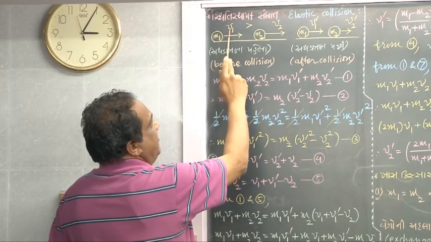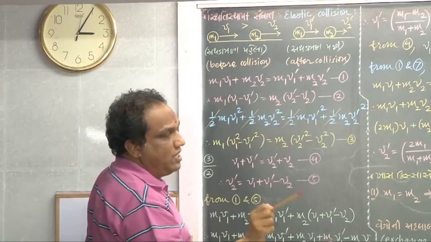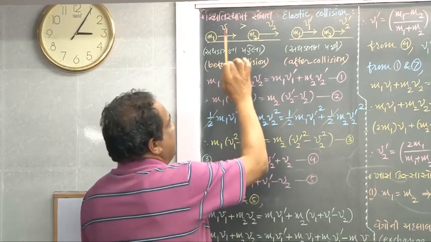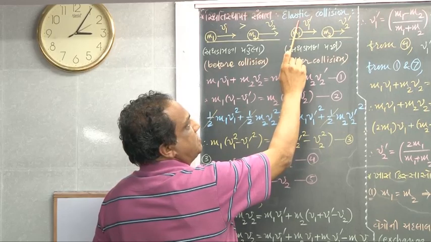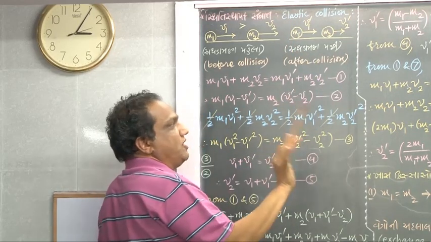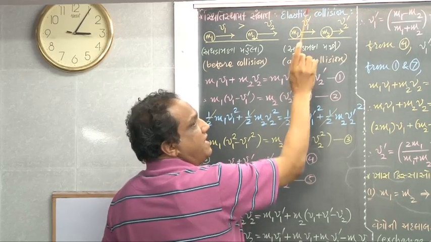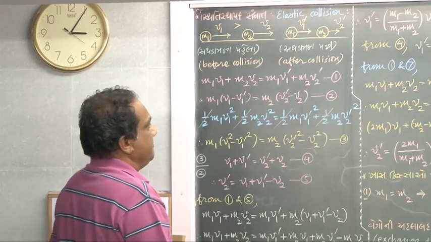Now we assume that v1 is greater than v2. Then only this body will collide with this body. Suppose this collision is elastic. After collision, the final velocity of the first body I am taking as v1 dash, and the final velocity of the second body as v2 dash.